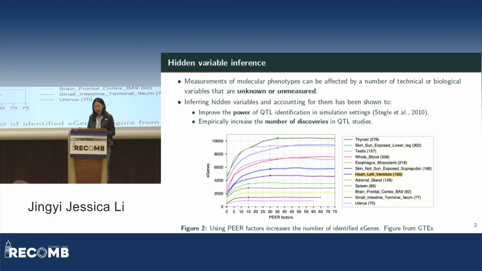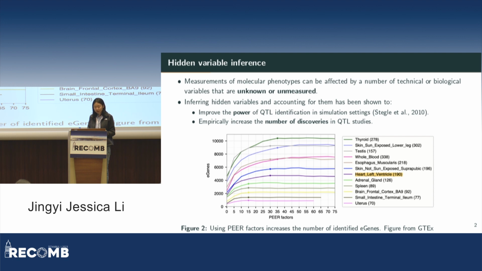By power, we measure the number of eGenes, that means the number of genes that have at least one significant eQTL. We can see that the number of PEER factors chosen by GTEx is indicated here, like 15, 30, 35, depending on the sample size.